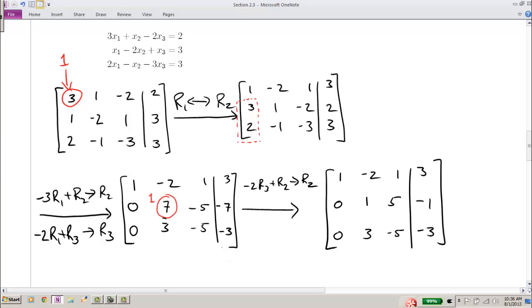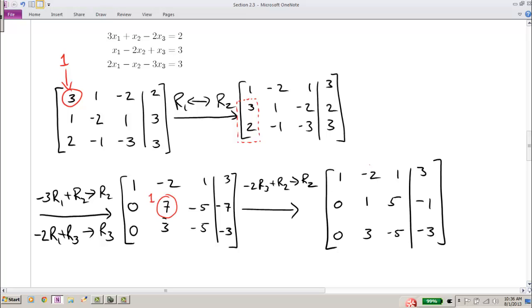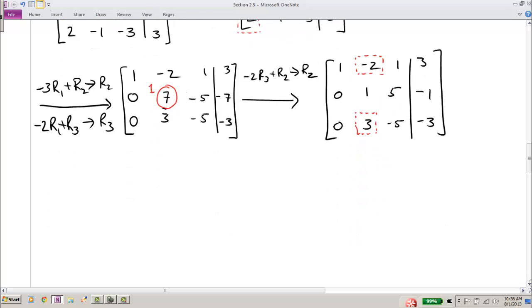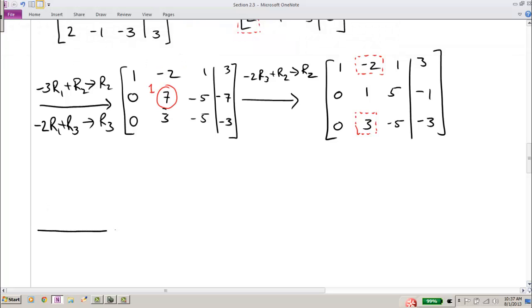We've got the 1 where we wanted, and now our goal is to zero out the other entries in that column. So the -2 that's in row 1 and that 3 that's in row 3. So to zero out the -2 in row 1, we're going to multiply row 2 by a +2, add it to row 1 and put the result in row 1.